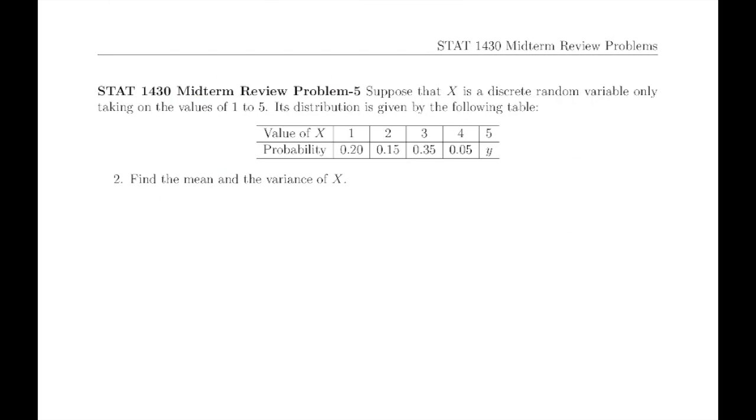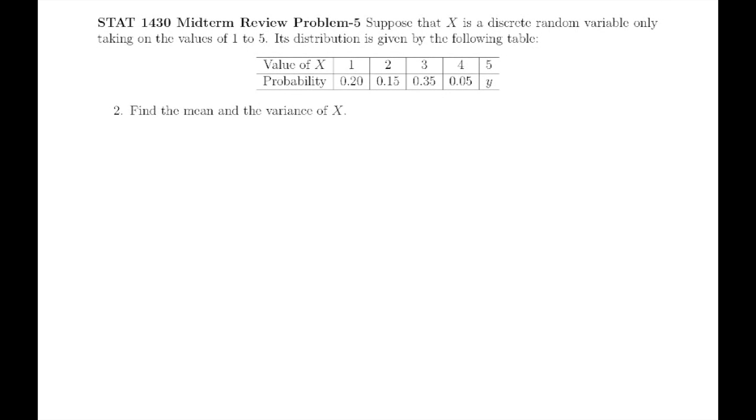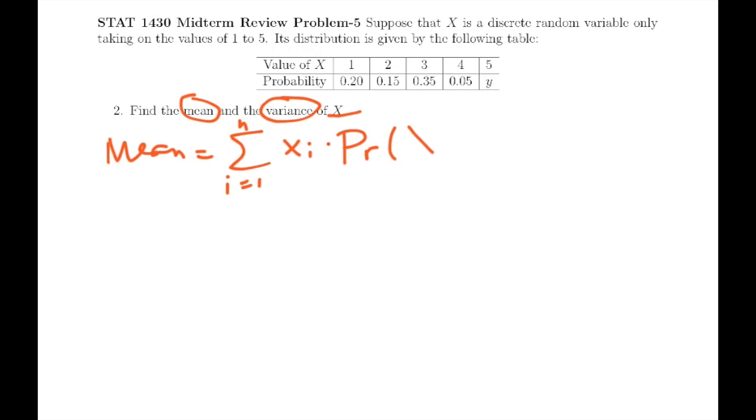Now let us go to the second portion. In this part, we want to find both the mean and the variance of this random variable x. And remember, the formula for the mean is given by a weighted sum, that is, the sum of x_i, where i goes from 1 to n, and here n is equal to 5, times the probability when the random variable x is equal to the small x_i.